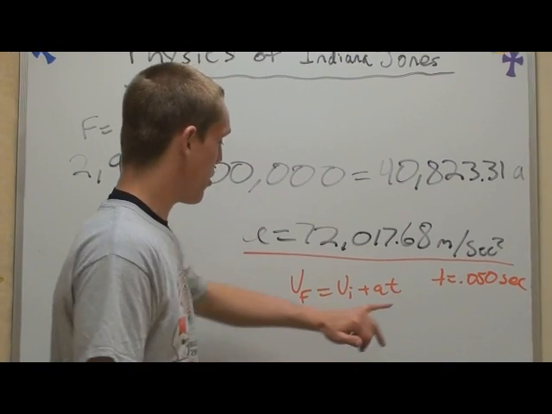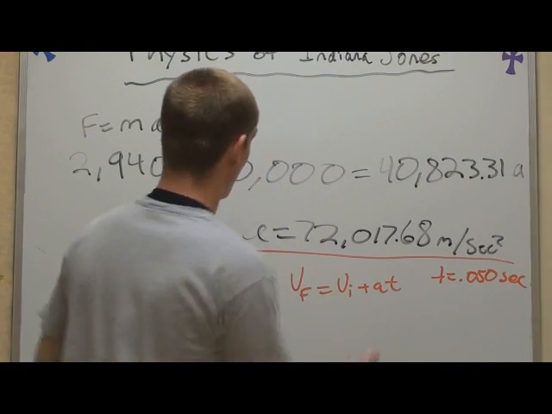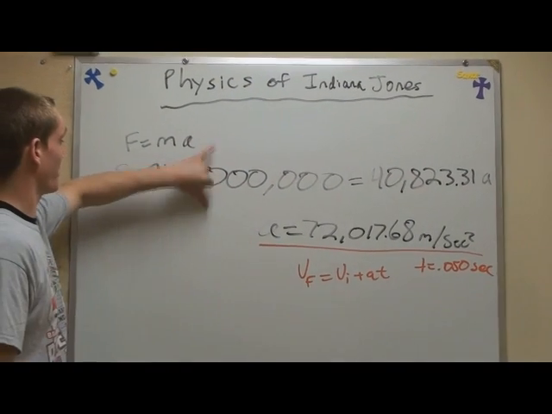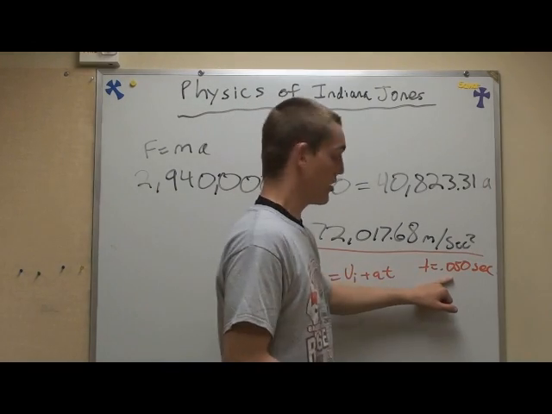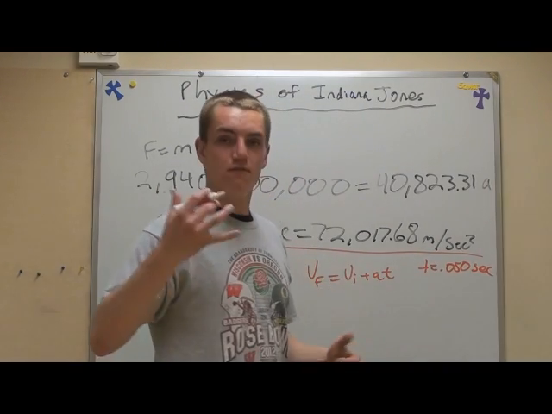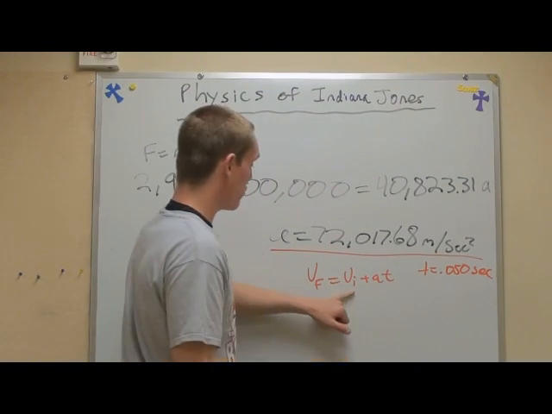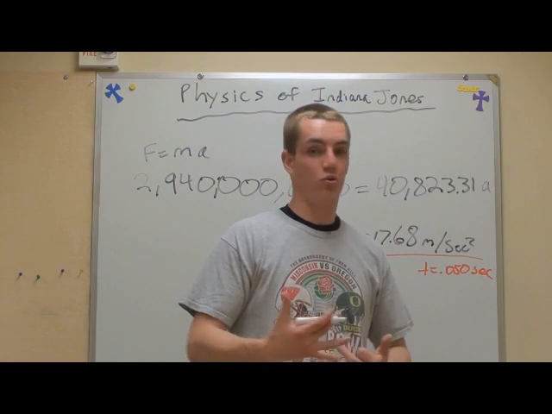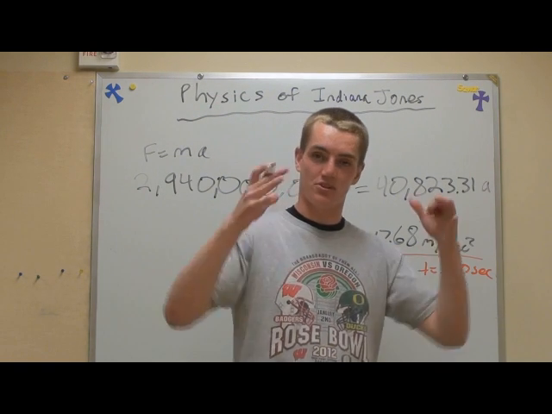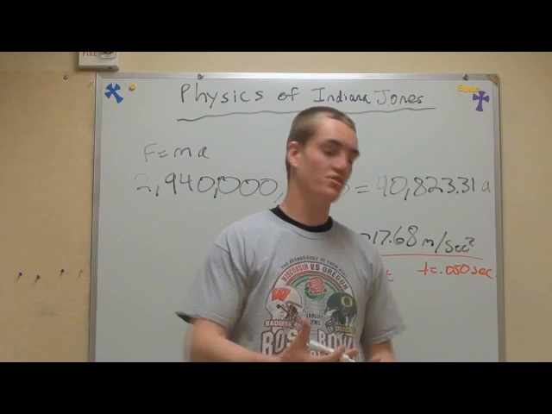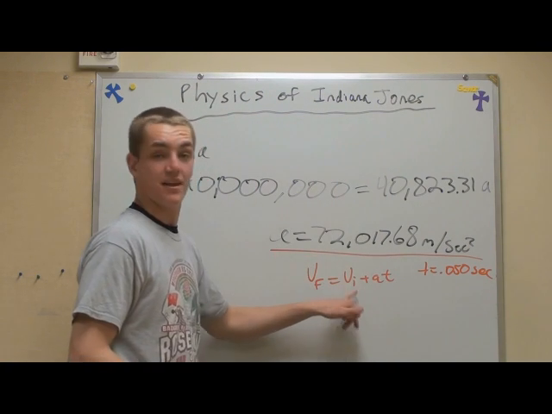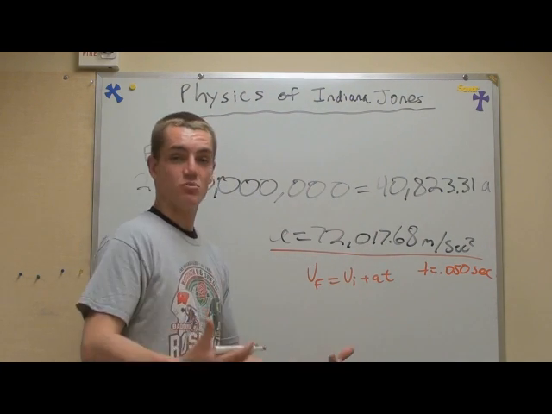We know the acceleration, because we solved for it in the first part, and we know the time. We also know that before the nuclear explosion, the refrigerator was sitting, not moving, so we can assume this is 0, because it was in its rest position.